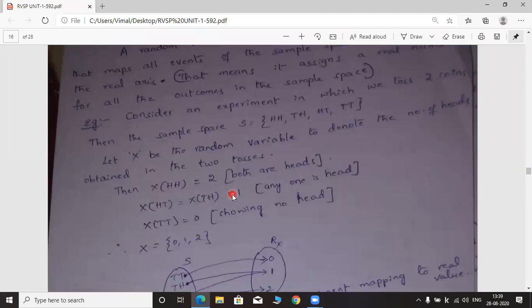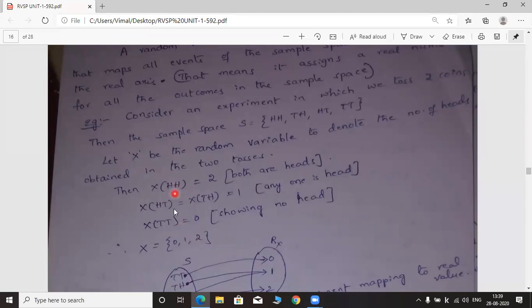One coin shows head and another coin shows tail, whatever the coin may be. So this can be assigned the number 1. Next, X of TT is equal to 0. That means no coin is showing head. Both coins are showing tails only. That's why this can be assigned the number 0.